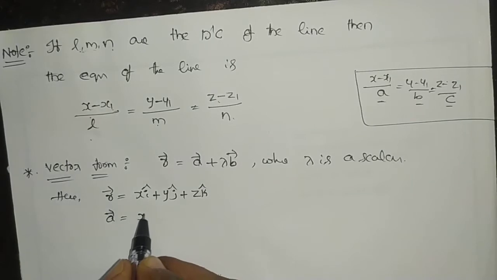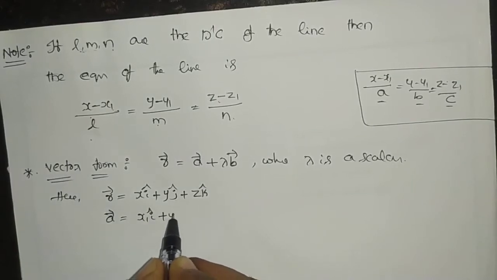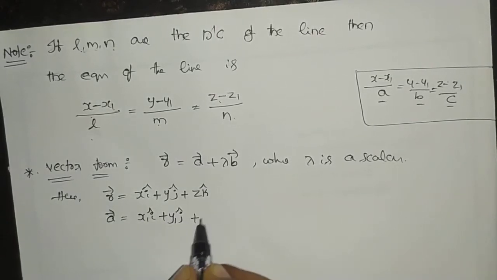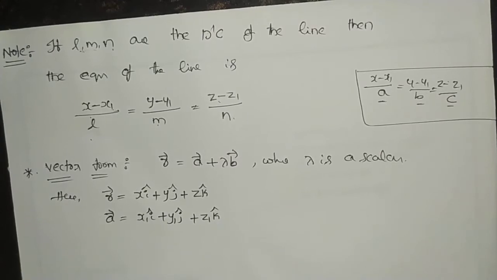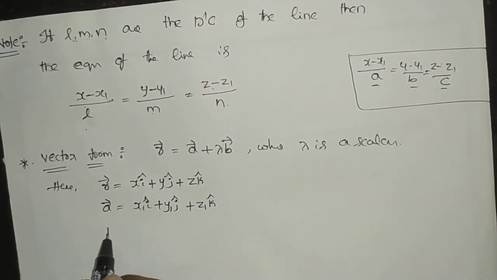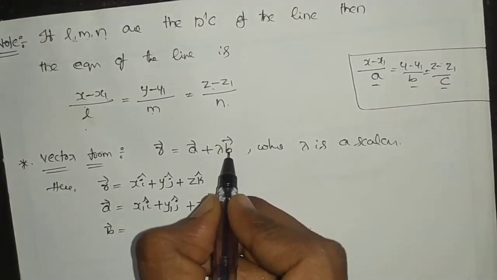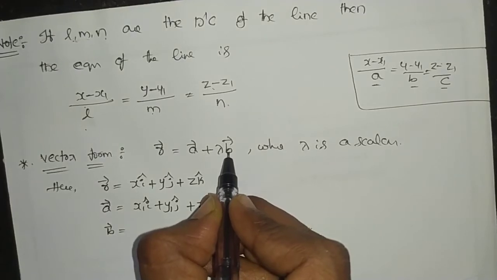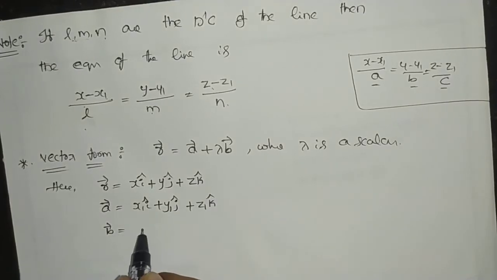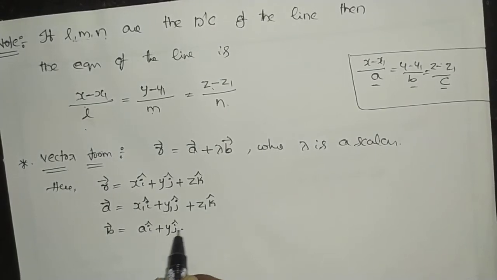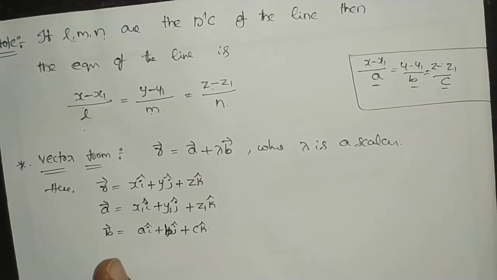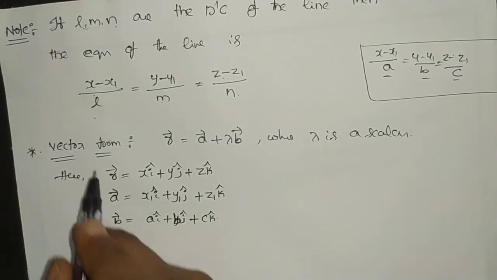A vector is x1 i cap plus y1 j cap plus z1 k cap. Next, b vector is the vector parallel to the line L, b vector equals a i plus b j plus c k. Understand?